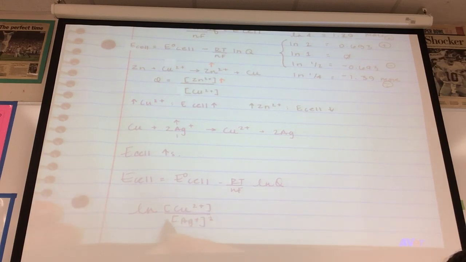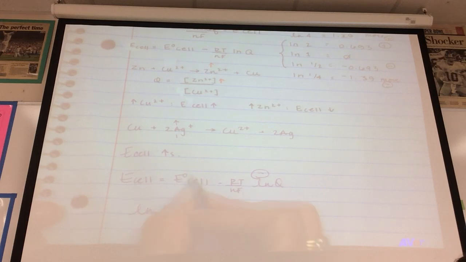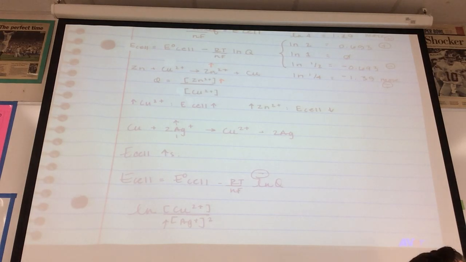If you increase the silver ion concentration, ln of a fraction will be negative. As a result, you are adding to Ecell under standard conditions now, and as a result, Ecell under non-standard conditions increases. And that'll do it for you. And that's why I just mentioned those ln's. An ln of a fraction, that is an ln of a number less than 1, is negative.